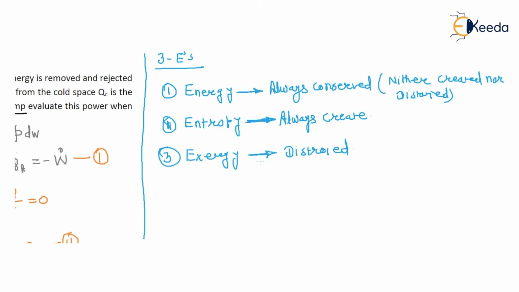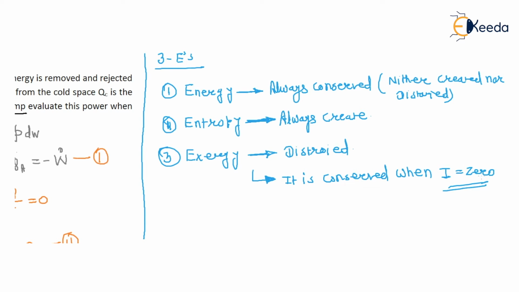So if exergy is destroyed, there is a note point. The first point is that it is conserved when irreversibility is zero.